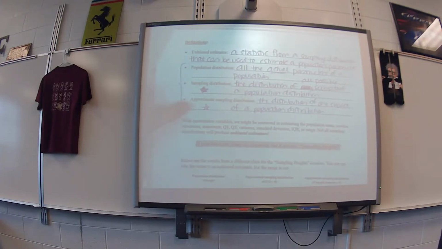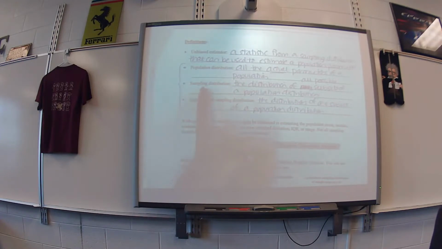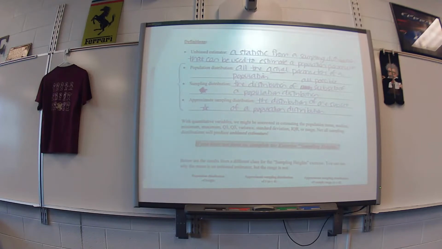You're doing an approximate sampling distribution because when we're done, we're missing 1 person today, so that means we have 13 of us. We're only going to have 13 dots on our graph, okay? So we are not seeing a full sampling distribution. We're only seeing the 13 subsets that we create.